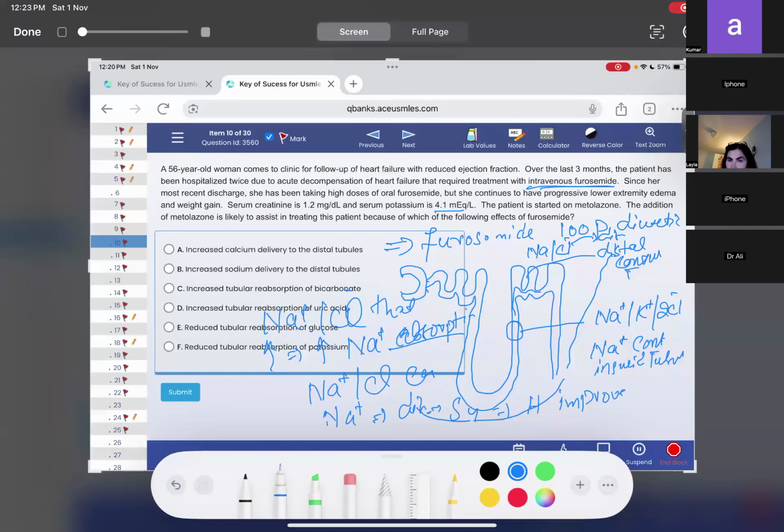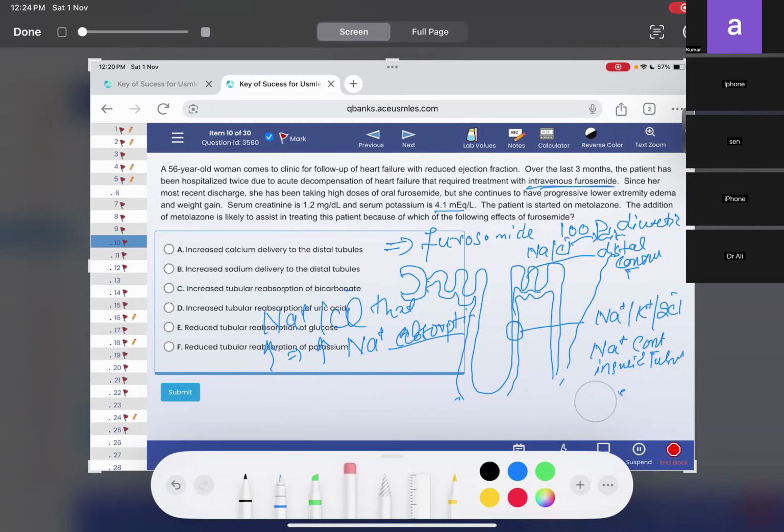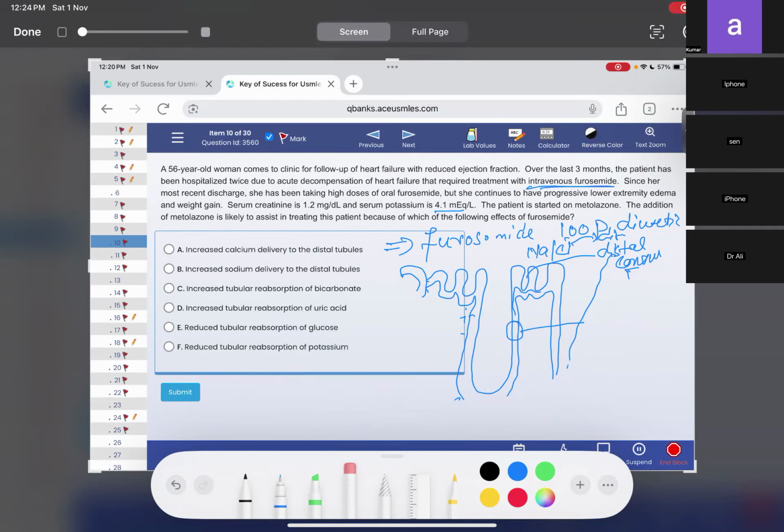Clear, everybody? Yes, sir. Guys, are you with me? Yes. So both of these will increase their effect, meaning they have an additive type of effect.